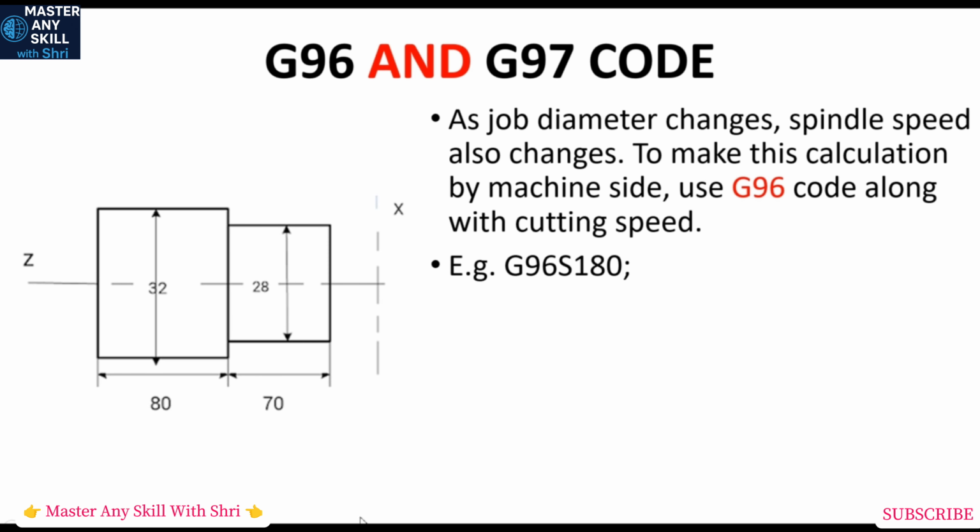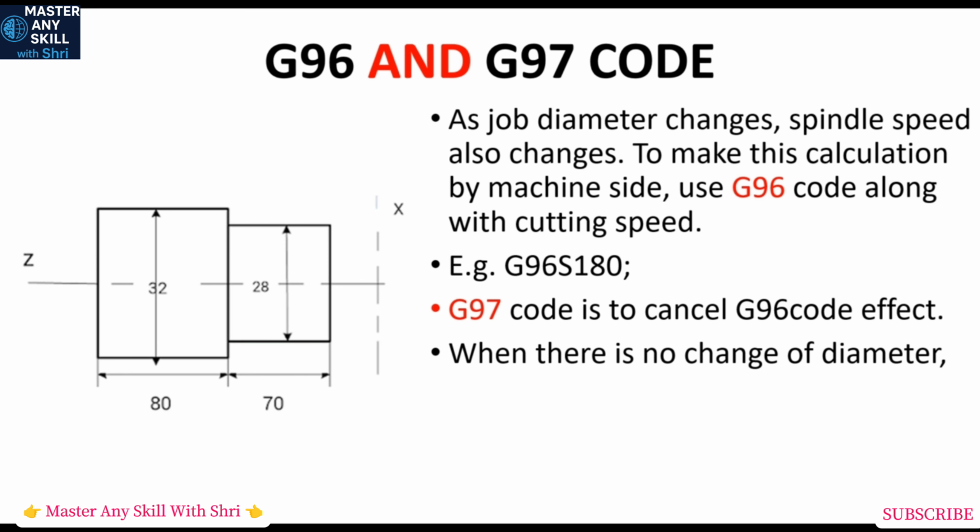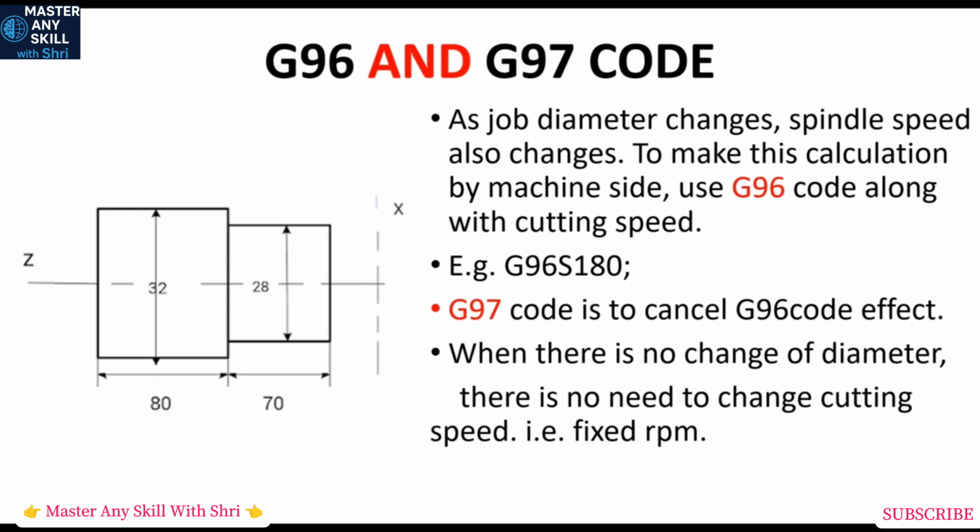And if the workpiece does not have any diameter change, at that time you have to use G97 code. With the help of G97 code, the machine will understand that there is no diameter change in the workpiece, so the machine will not change its spindle speed. You have to write G97 code along with the spindle speed that you want to give to your spindle. If you give 1500, then the spindle will rotate at 1500 speed.